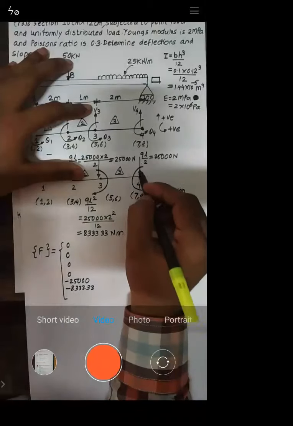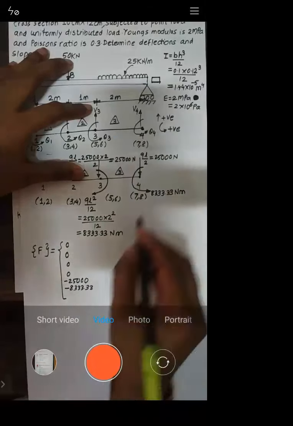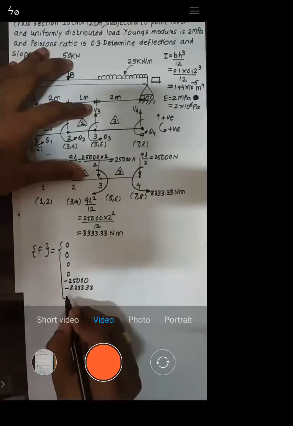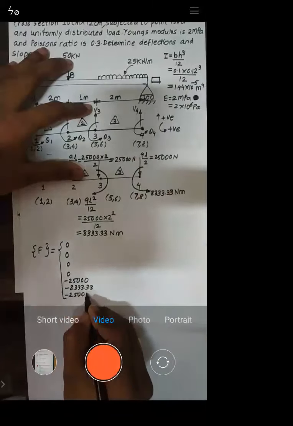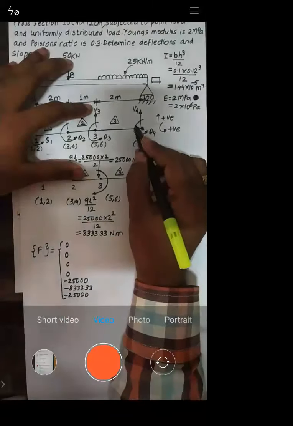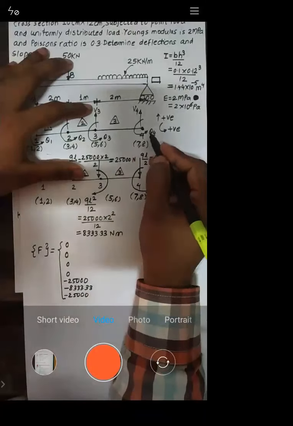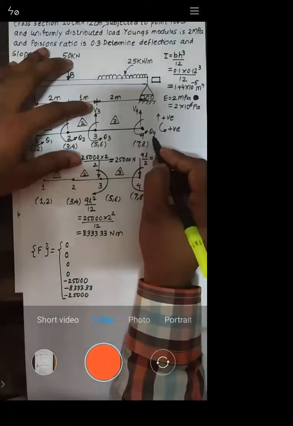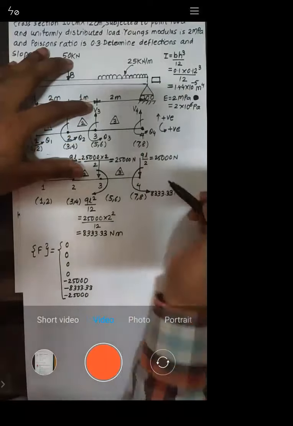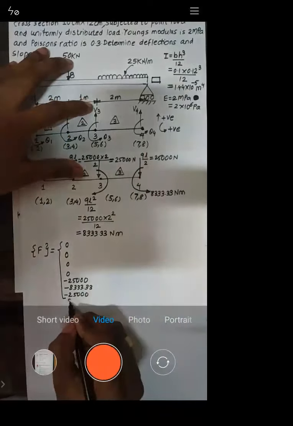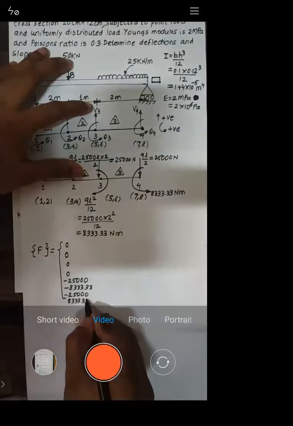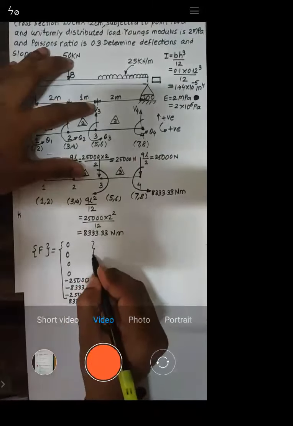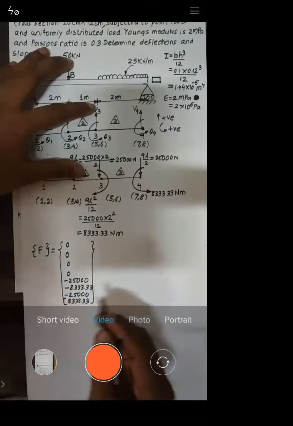This is going down, and this is going up, so this is again minus 25,000. Now this is in anti-clockwise, so that is plus 8333.33. Is it okay? Yes or no?